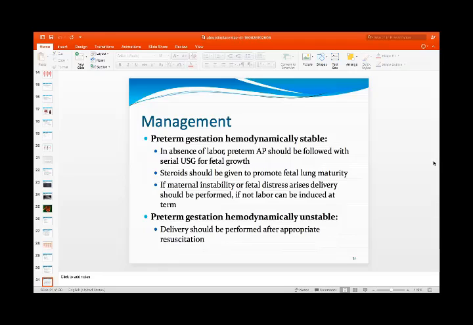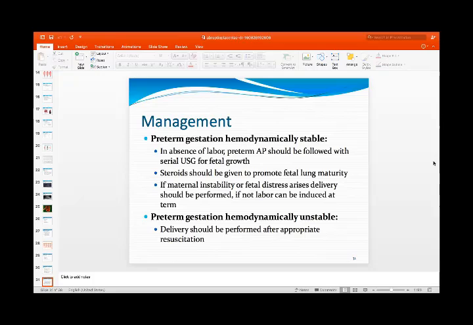If there is preterm baby and patient is hemodynamically stable, in the absence of labor and preterm, then the patient should be managed conservatively. So if patient is stable, the mild bleeding has settled down, and the baby is preterm, less than 37 weeks, then we will manage conservatively.